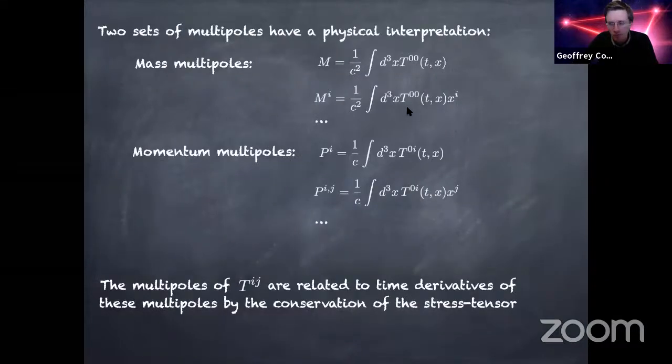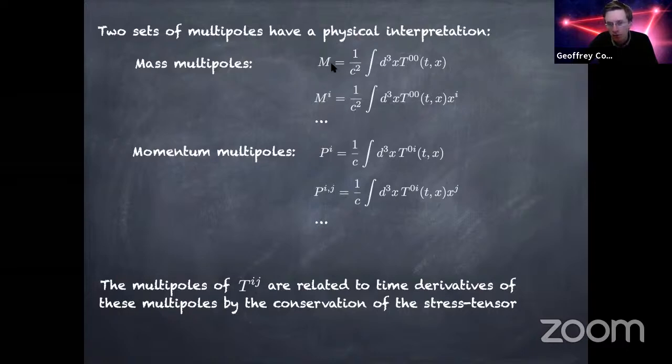So these multipoles are not very intuitive. We have much more intuition for the multipoles where you integrate the 0,0 component, which is the mass, or you integrate T00 multiplied by x^i over all x, and that one is the mass dipole.